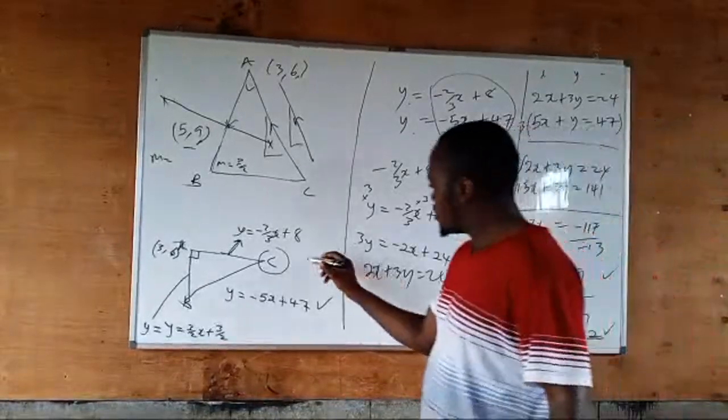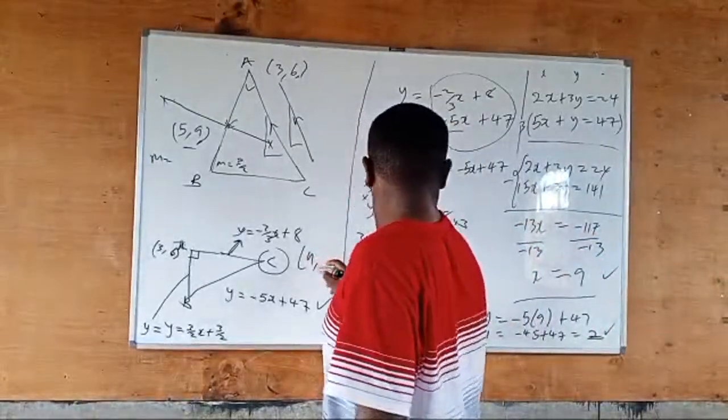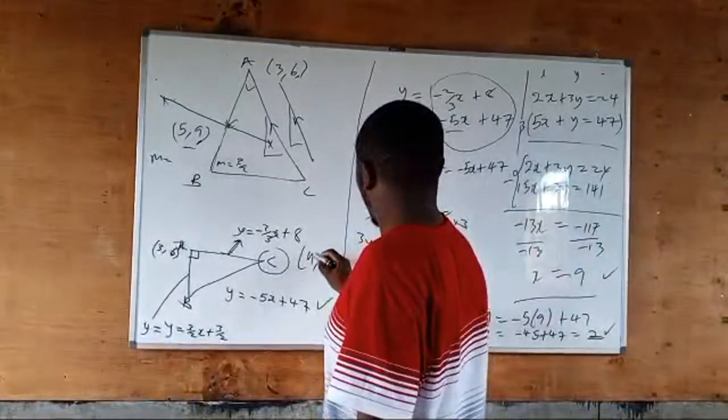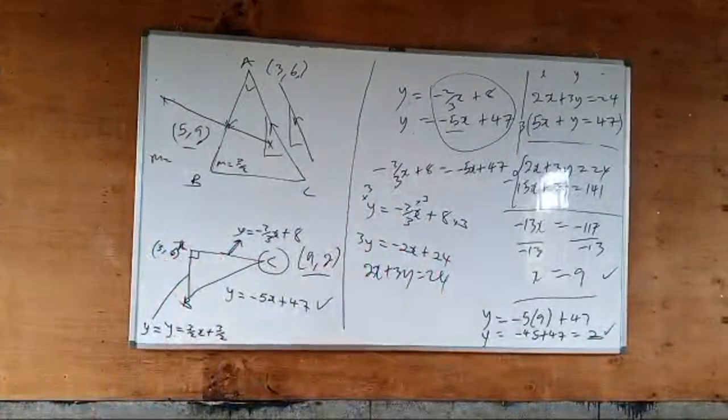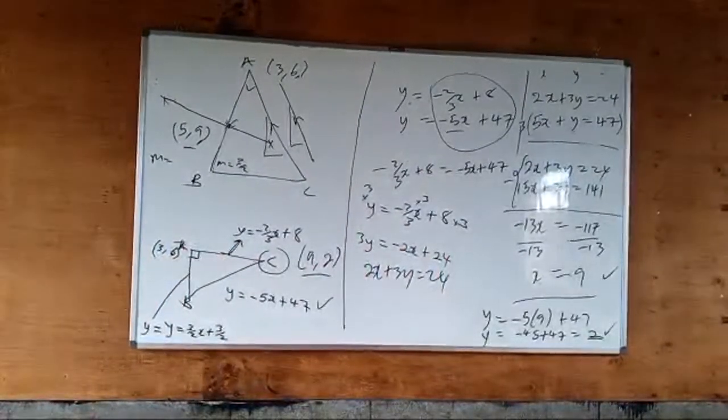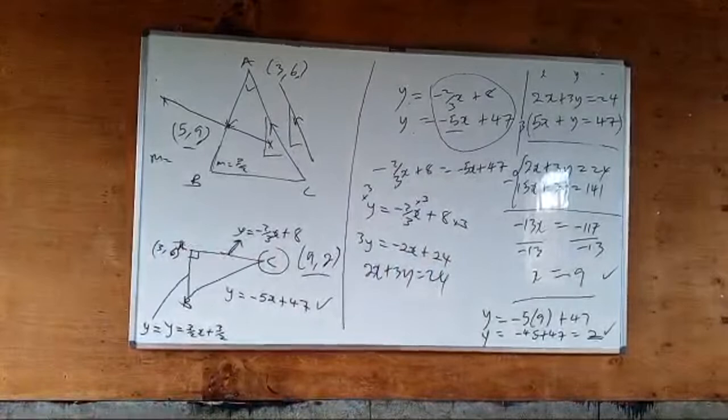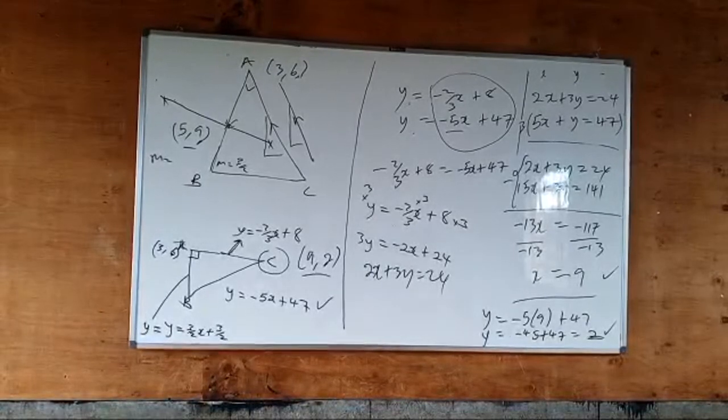So what is the coordinate of C? 9, 2. So, is there anything else? There is no catch here. So I think I'll leave that for you to practice.